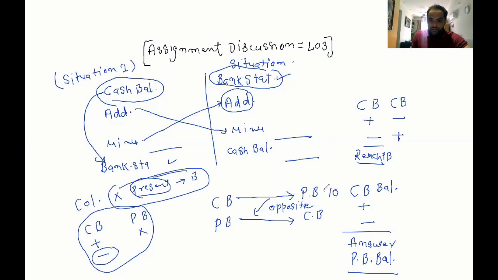So $10, plus 2, minus 3. So your balance is 9, right? Your answer is 9. For example, your question gives you a balance which is 9.